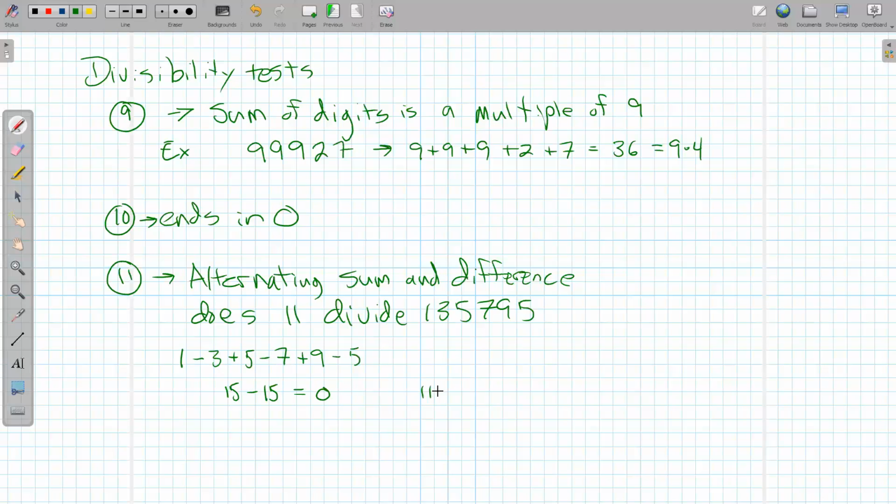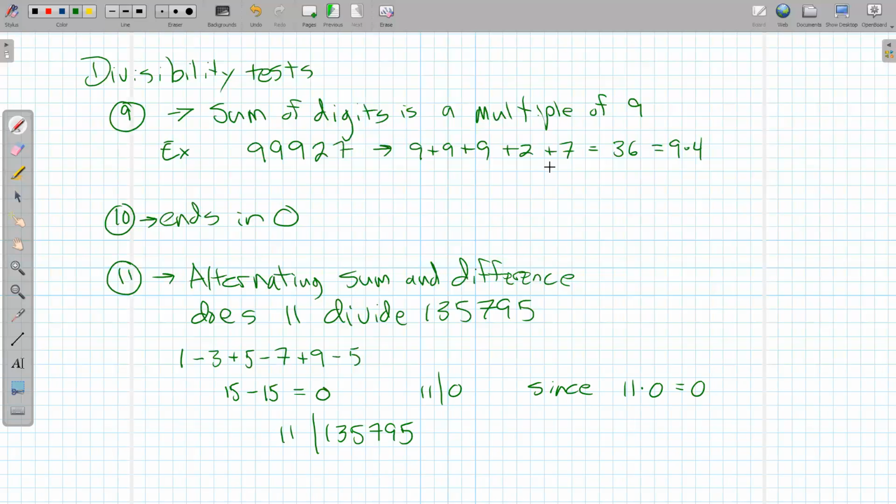And it turns out 11 does divide 0, since 11 times 0 is 0. So that means 11 must divide 135,795. The reason that this works is similar to the reason for 9 and 3, and I'm going to save that for the next class. It's a bit complicated, but we'll take a look at it later.